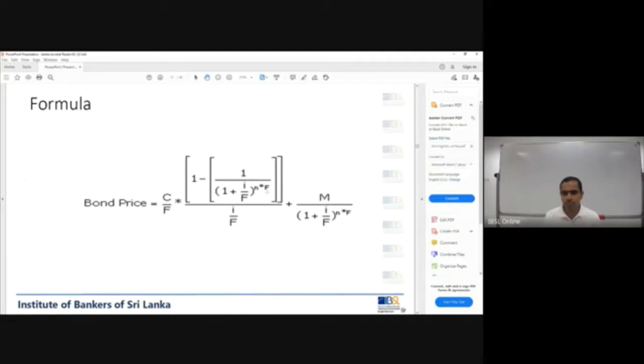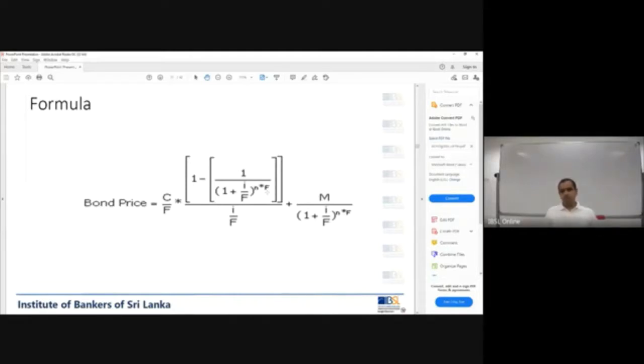If you look at it carefully, the first part is like discounting the coupons. It is actually like the annuity formula, the present value of an annuity. Remember, this bond price is, in other words, the present value of the cash flows.